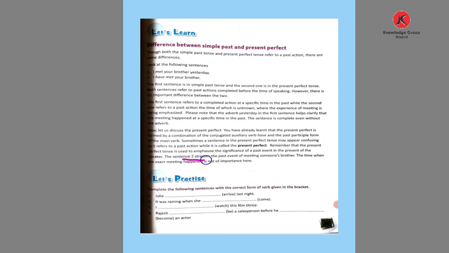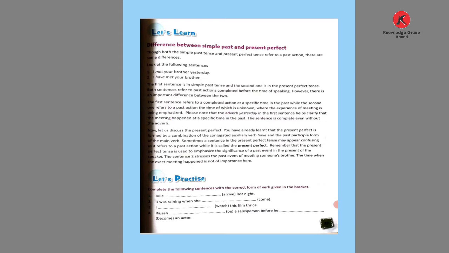Here the past event is meeting someone's brother; the exact time of the meeting is not the important thing here. So in the present perfect tense, the action was completed in the past, but has a connection with the present.